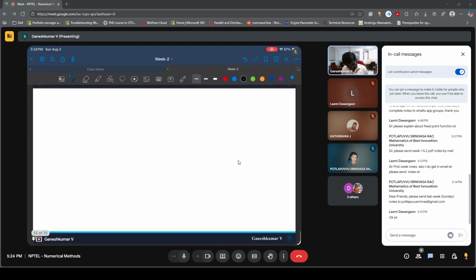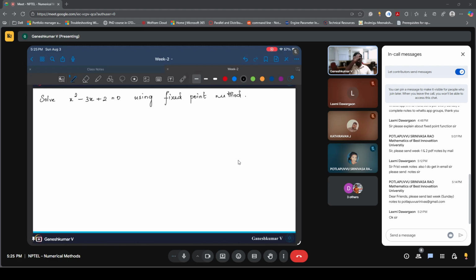Okay, so let me just solve this. Hopefully this works out. Fixed point method. Solve x square minus 3x plus 2 equal to 0 using the fixed point method.